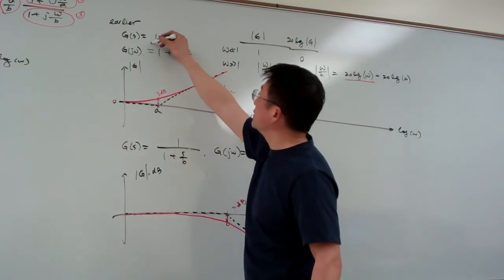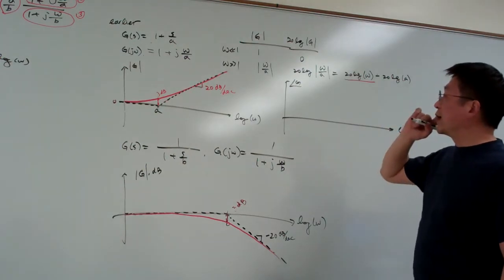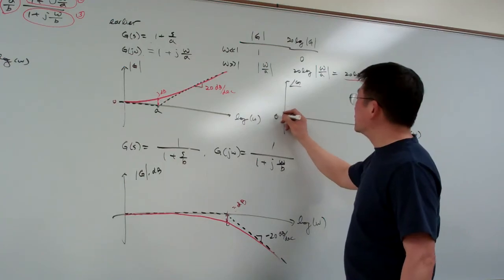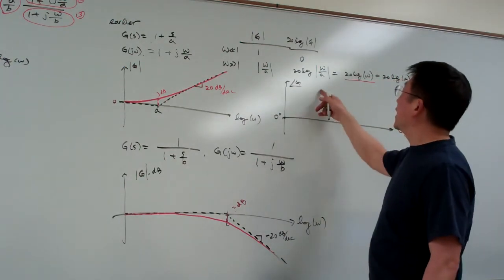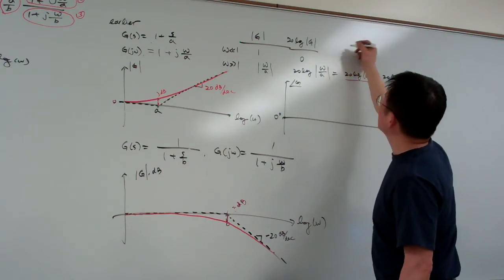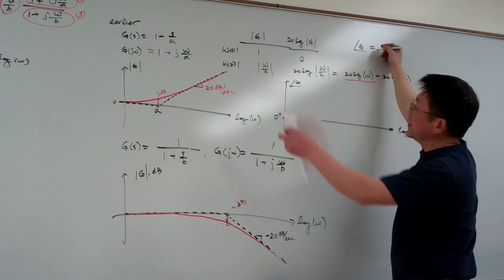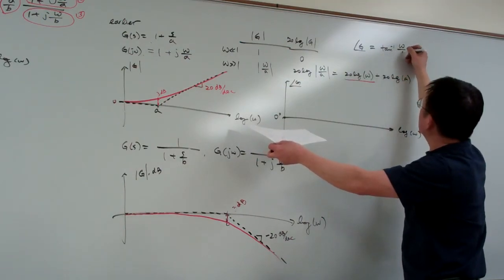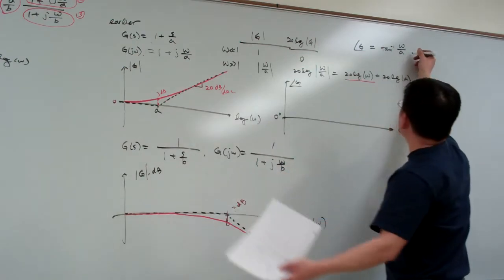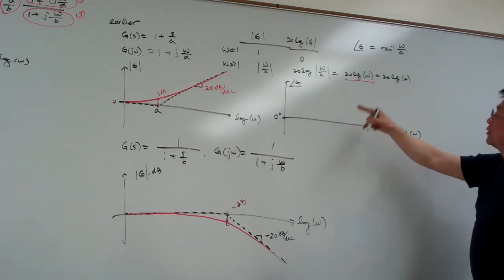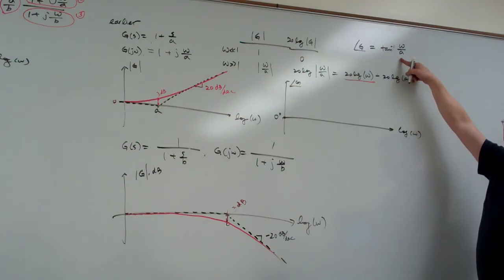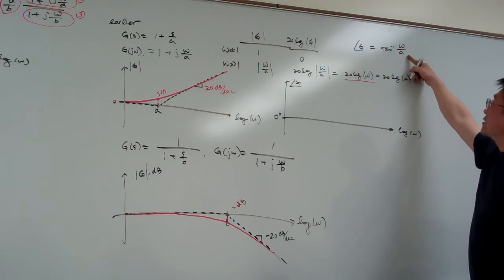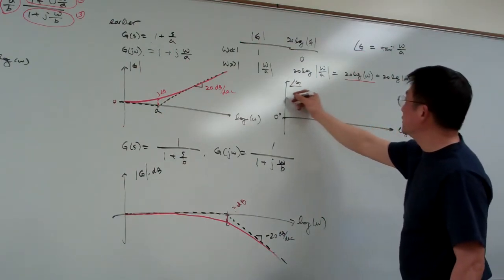When omega is very small, the phase angle is basically equal to 0 degrees. The phase angle is the arctangent of the imaginary part divided by the real part, given by this one. When omega is very small, this is 0 degrees. When omega becomes very big, that is arctangent of infinity, approaching 90 degrees.